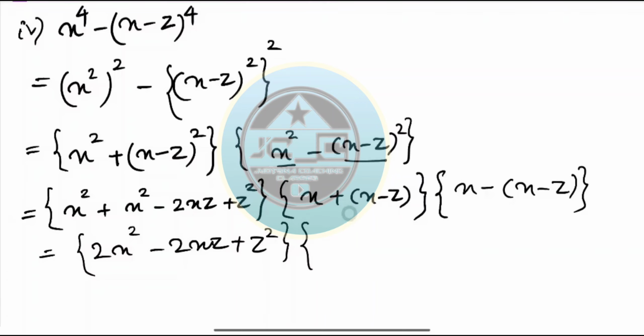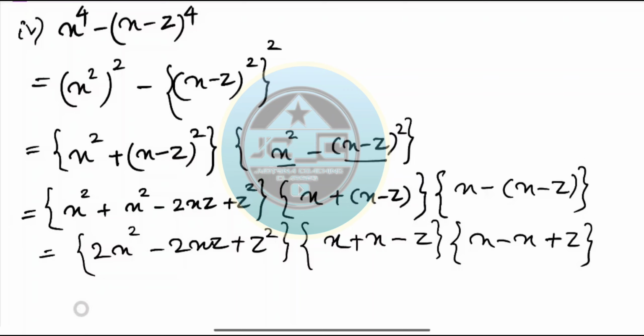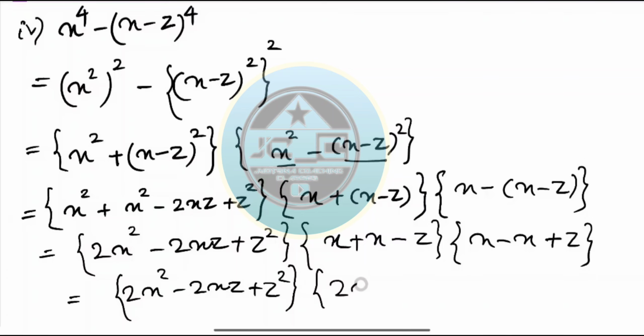whole into x plus x minus z. This is x minus x plus z. Clear? Now this is 2x square minus 2xz plus z square whole into 2x minus z, and x got cancelled, whole into z, right?